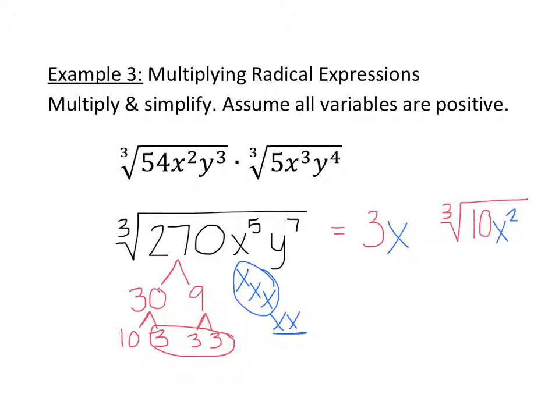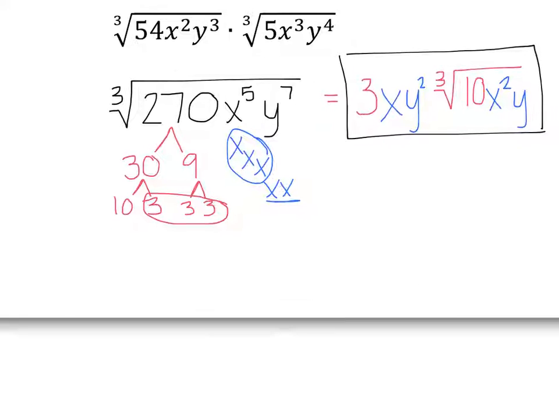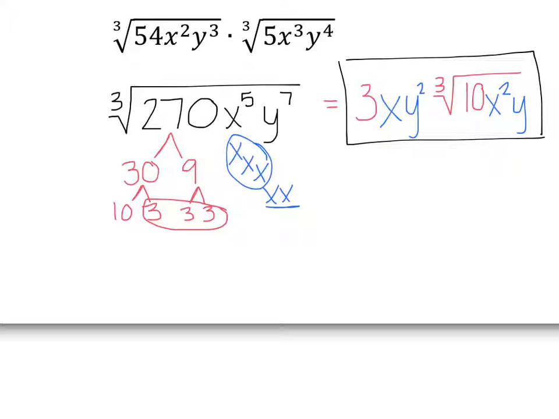2 sets of y's and then one of them left over. So that's your answer. I'm just thinking about the whole dividing the exponent thing. Say we take that y, and we're doing 7.